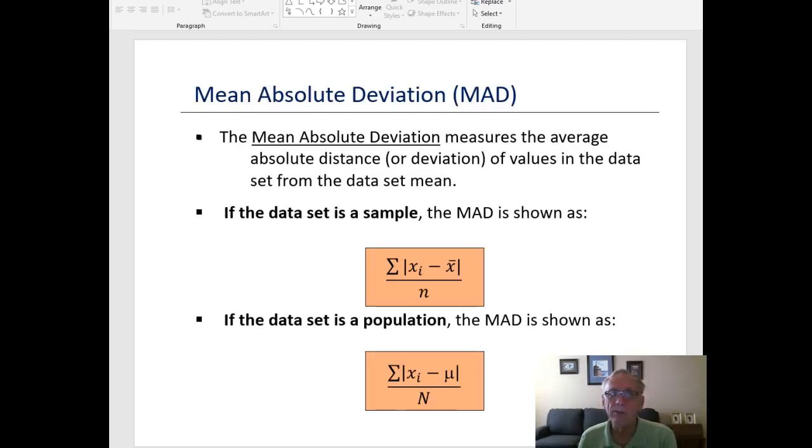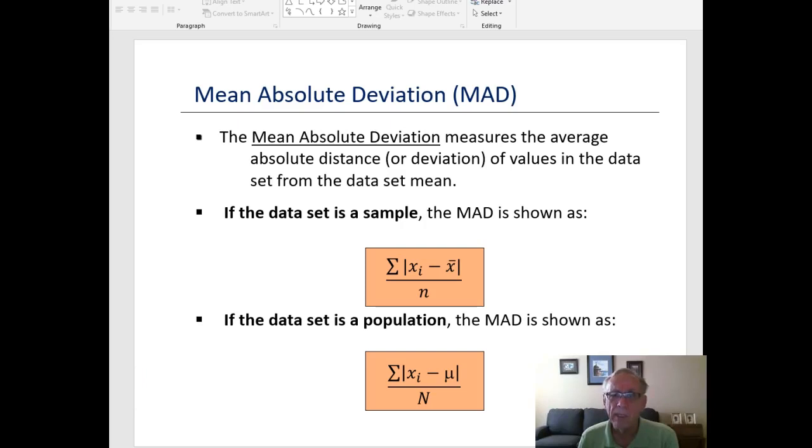The mean absolute deviation measures the average absolute distance of values in the set from the data set mean. We've already calculated the mean. That's either x bar or mu, as we've talked before. The MAD then becomes the sum of the absolute value of the individual integer minus the mean divided by either the small n or the large n.